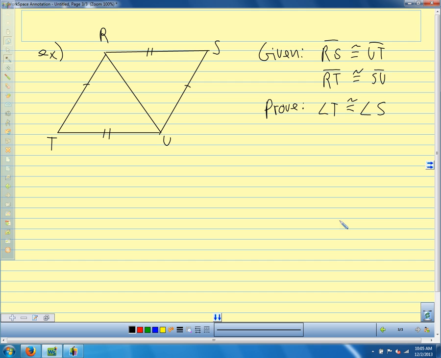So our plan is the same plan that we had on the last one. We're trying to prove that these parts of the triangle are congruent, so we need to show that the triangles are congruent first. So our plan.